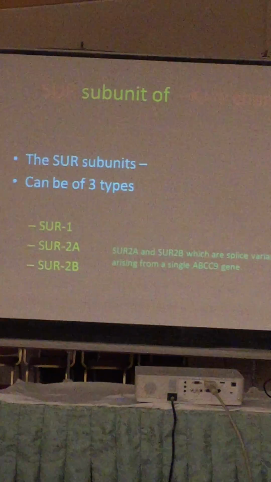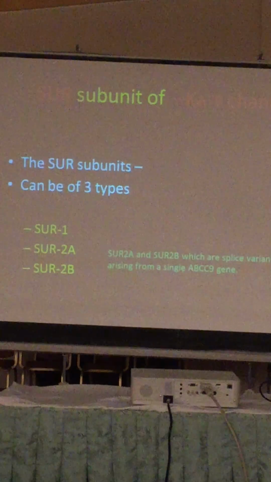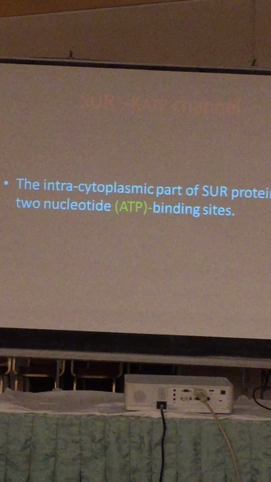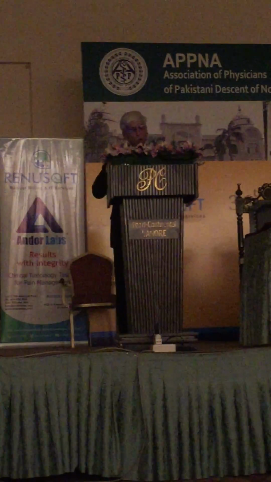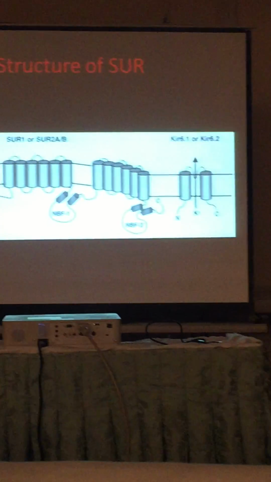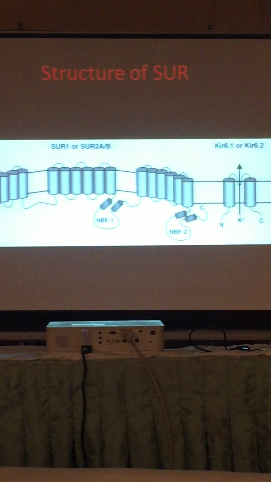Sulfonylurea receptors are of 2 types, type 1 and 2, and type 2 is further subdivided into 2A and 2B. Not very interesting, but the intracytoplasmic component of this sulfonylurea receptor, which has 17 transmembrane domains, has a fold which can bind ATP. The NBF1 and NBF2, nucleotide binding fold 1 and nucleotide binding fold 2, are the sites where ATP gets bound to this receptor.